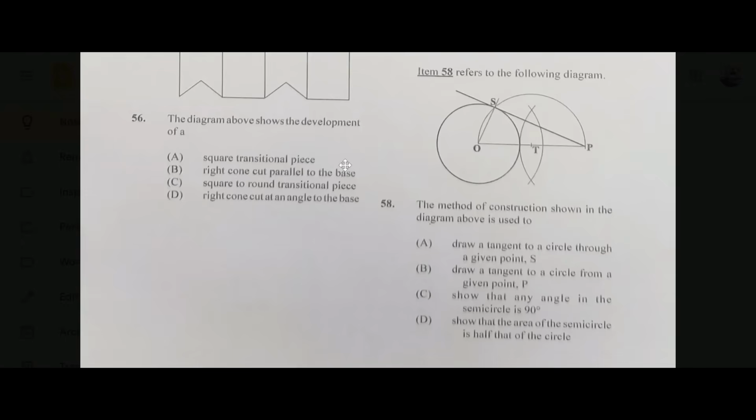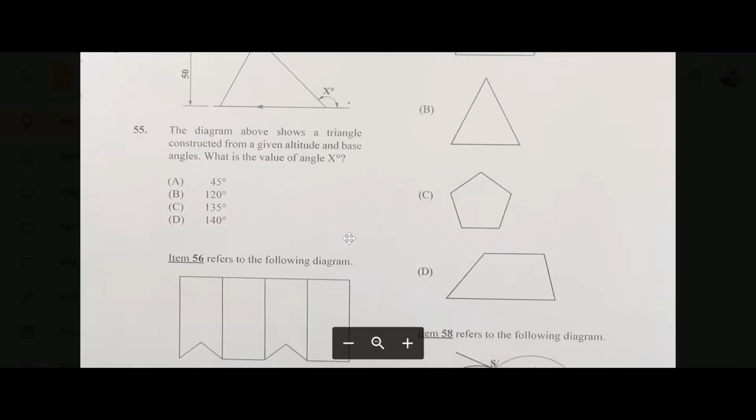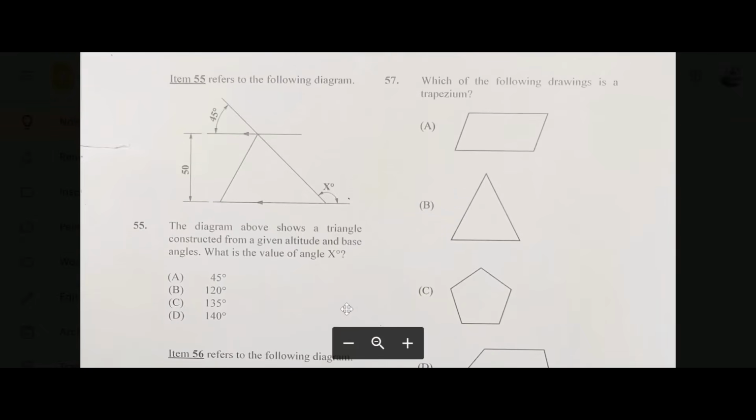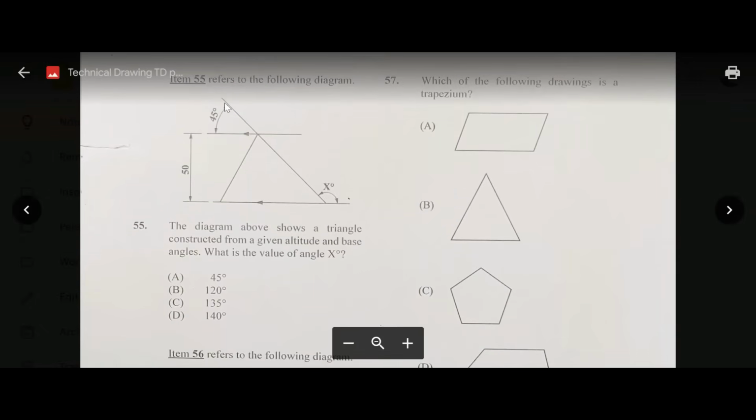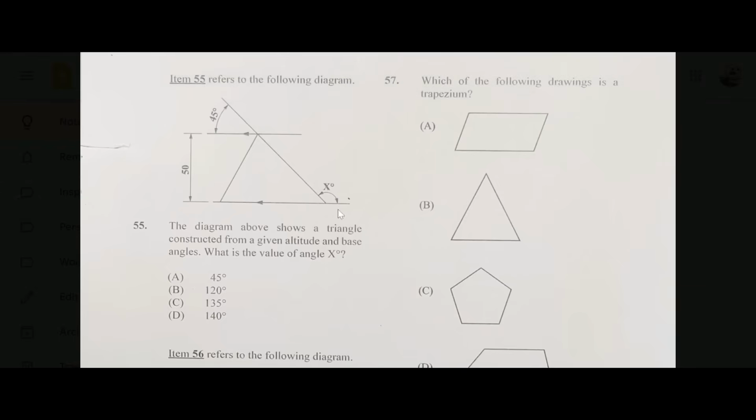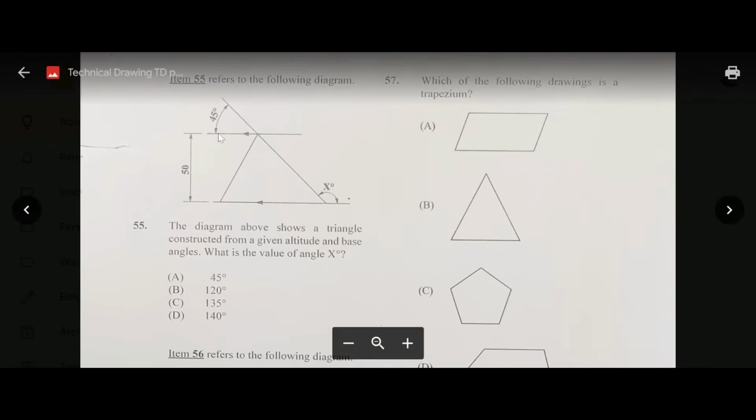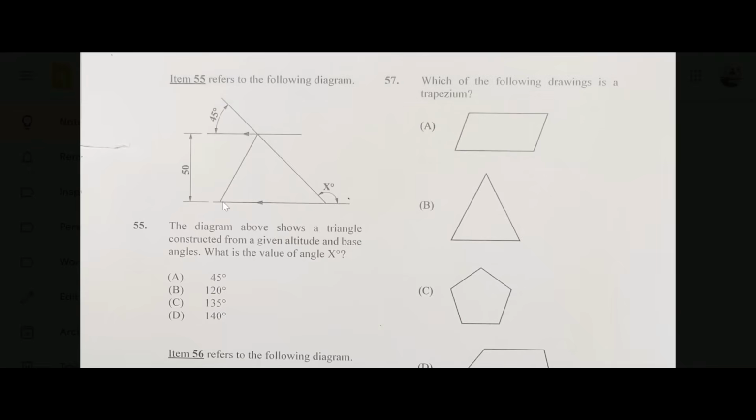Number 55. So we have a triangle here. We have this line. This angle is 45 degrees. The question says, what is the value of angle X? Okay, so this line and this line are parallel. They're running in the same direction.